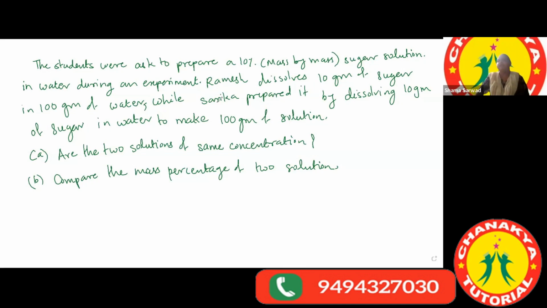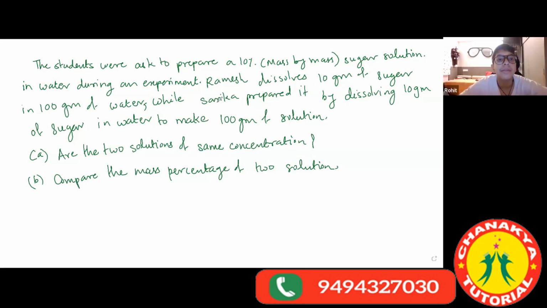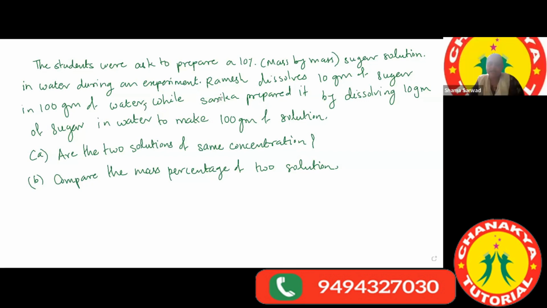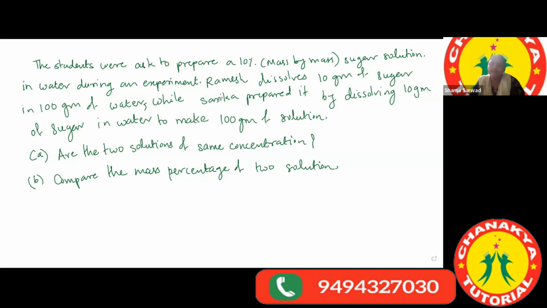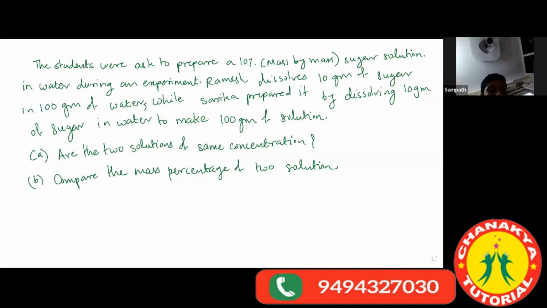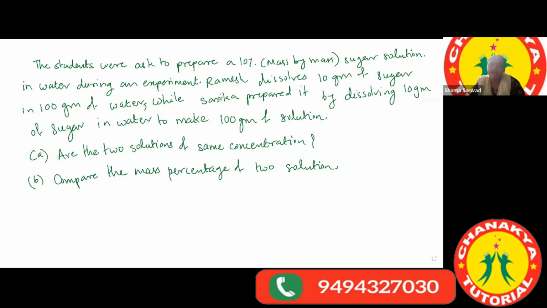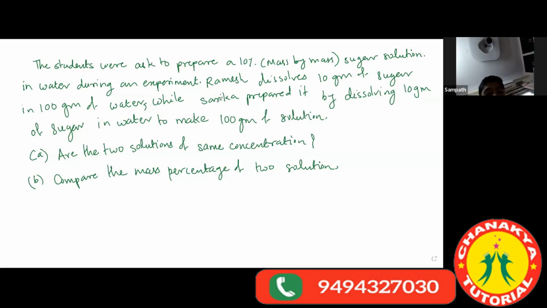Ma'am, 9.99 for Ramesh and 10 for the second one, right? Yes, 10 percent for Sarika's solution. Okay, ma'am. Sampath, you couldn't get the answer. Yes, ma'am, I made a mistake. Shall I explain? Did you multiply by 100 or not? No, ma'am, that one I made a mistake.